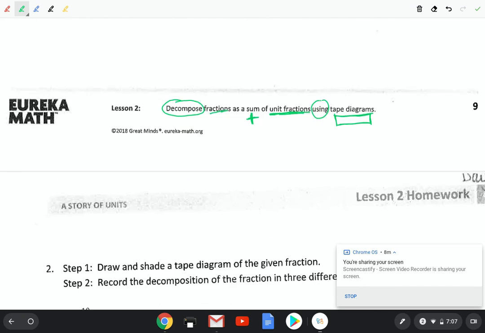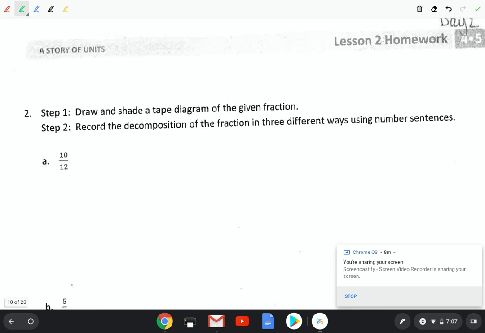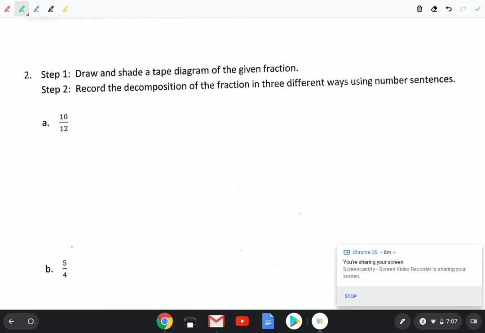And then number 2 is exactly the same thing. We're drawing and shading tape diagrams, and then we're recording the decomposition in 3 ways, except some of these fractions are improper fractions. So here's when you have to decide if 1 whole is going to be sufficient or enough, and if it's not enough, then how many more extra units would you need to add?